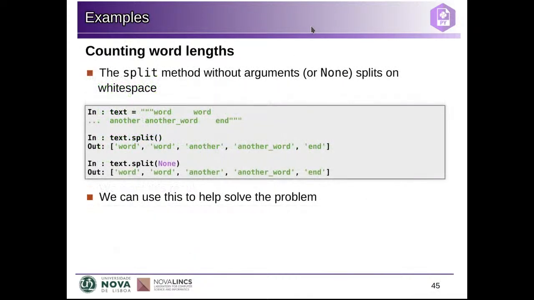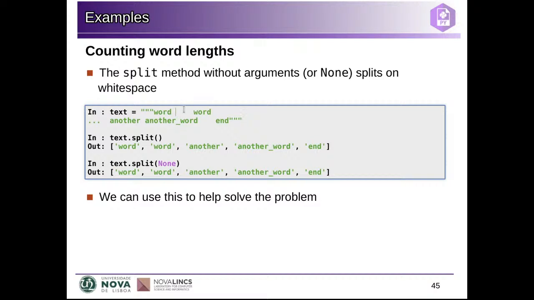First, we know that we can take advantage of this: if we use split with no arguments, or with None as an argument, it will split on everything that is white space. So it can be a change in line, from one line to the next, or a tab character, or a series of spaces, or one space. It doesn't matter.